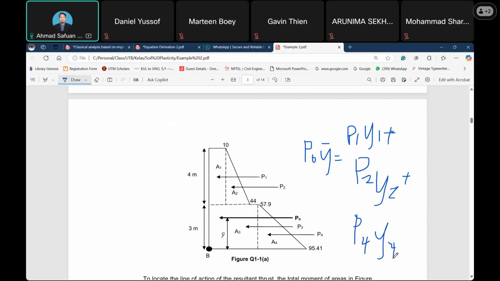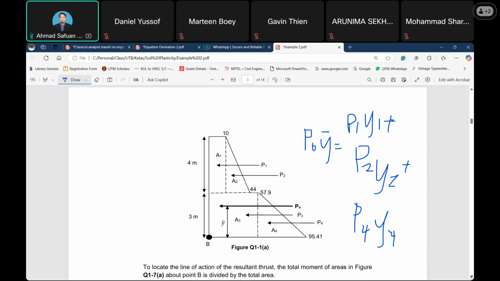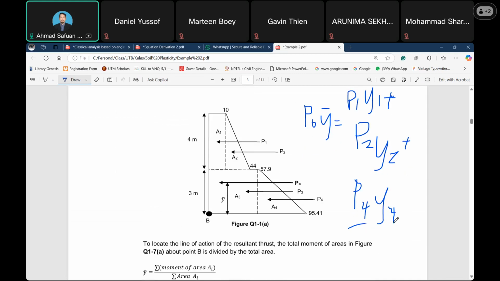So from there, the Y average is P1 times Y1 plus P2 times Y2 until P4 times Y4, over P naught. Then we can get what we call the Y average.